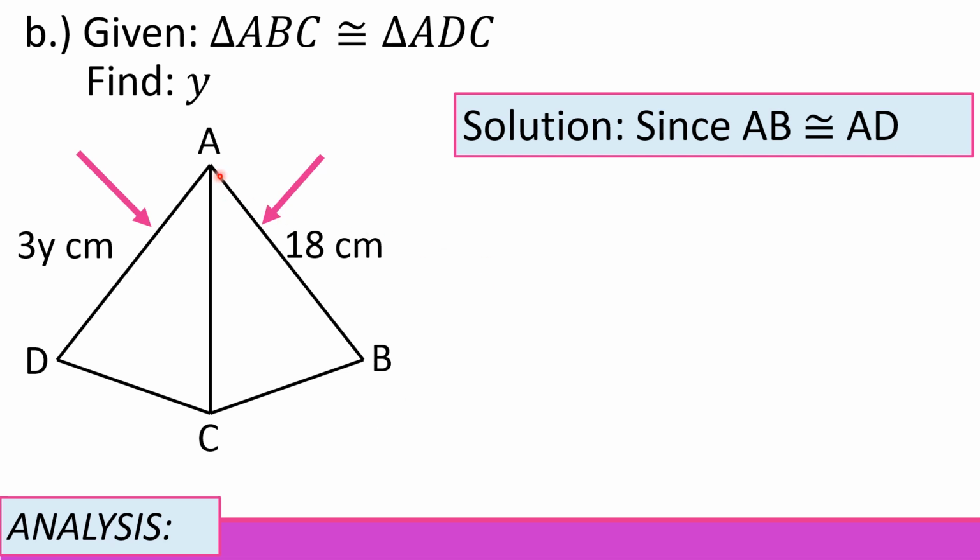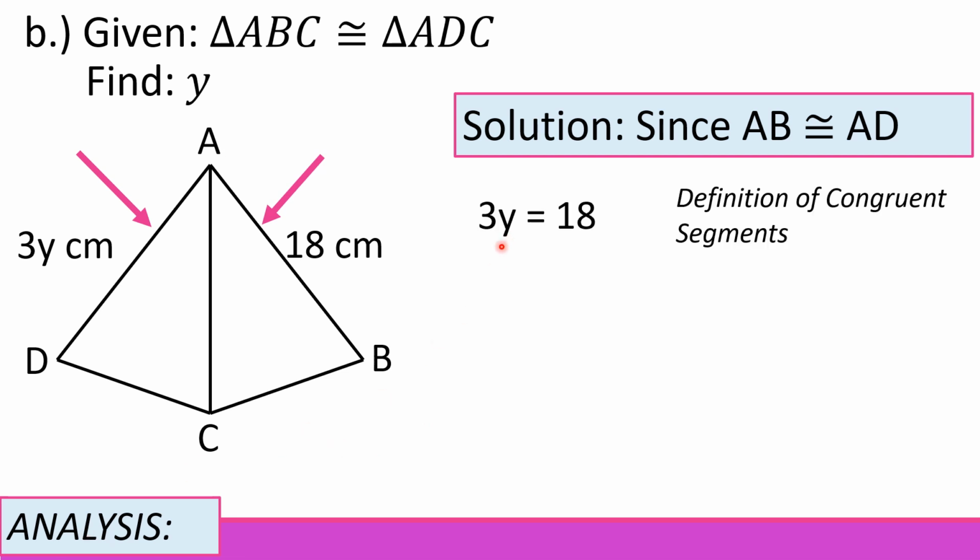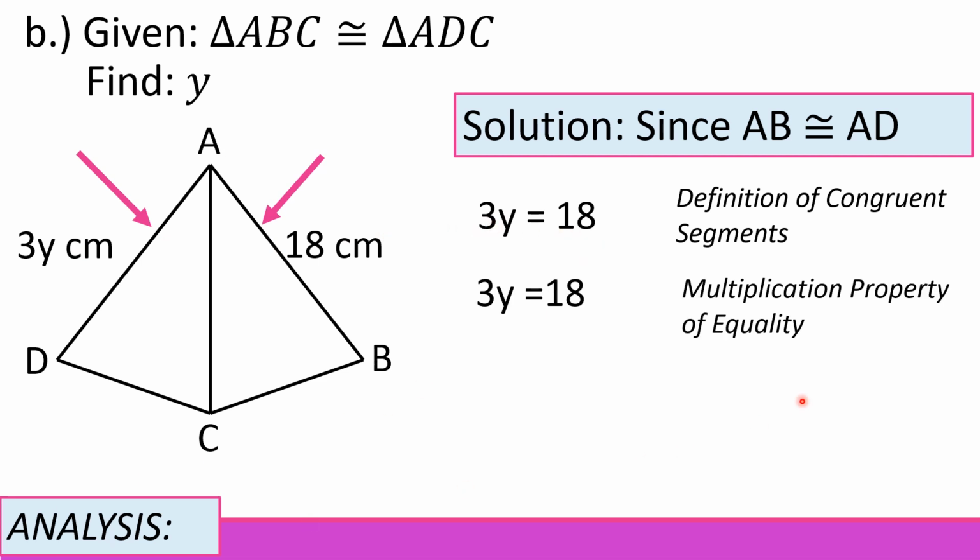Since side AB is congruent to side AD, by definition of congruent sides, we can say that 3y is equal to 18.